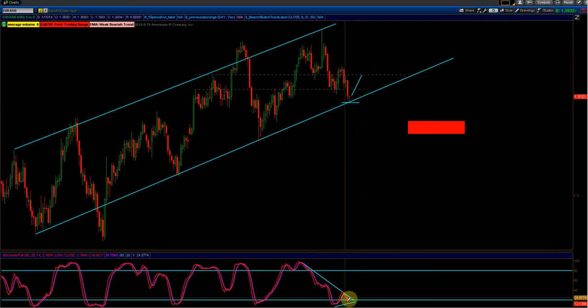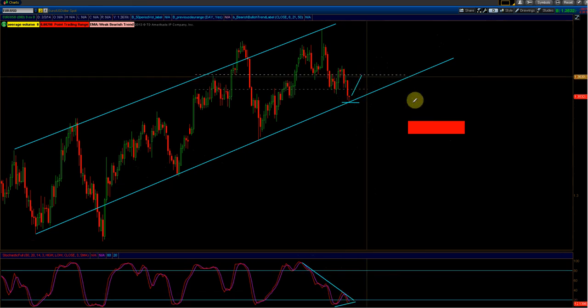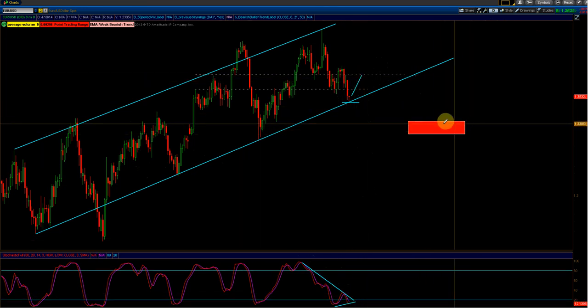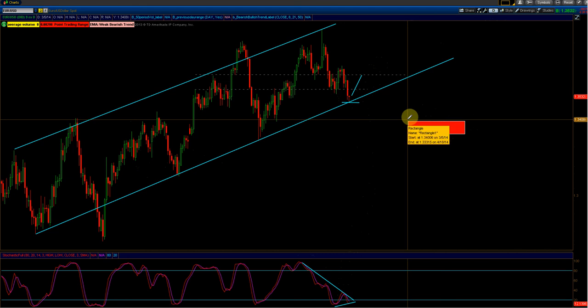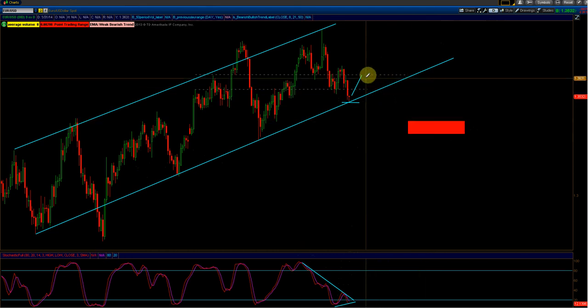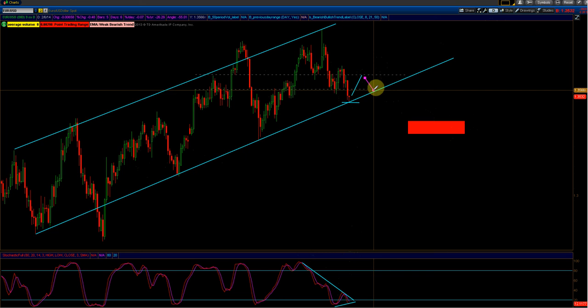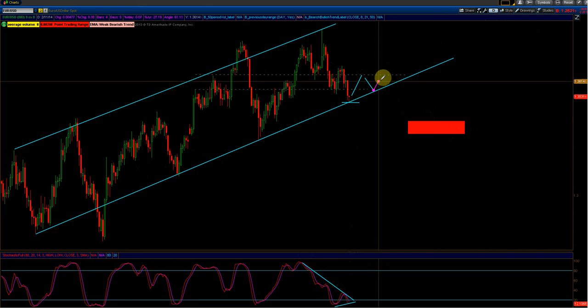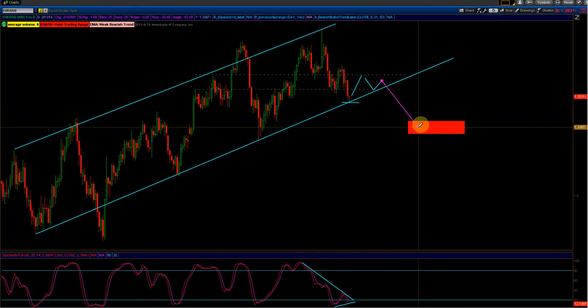Now the reason we have this area drawn out is this is going to be an area of support when the euro breaks out of this channel. What we're probably going to see is maybe a bounce back down to this ascending trend line and a short little rally, and at that point I think we're just going to go down.